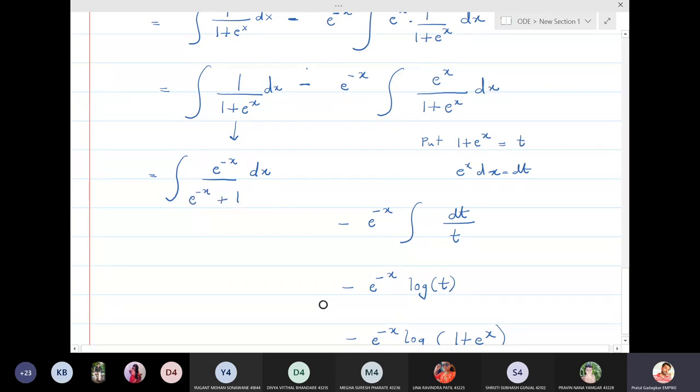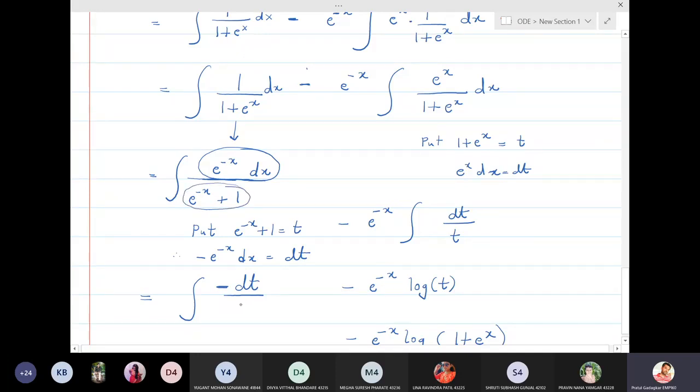Okay, and therefore now I can put e raised to minus x plus 1 equal to t, and therefore minus e raised to minus x dx is dt. So this means that e raised to minus x dx can be replaced by minus dt, upon e raised to minus x plus 1, which is t.